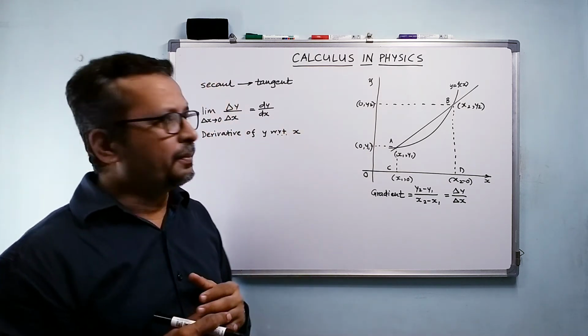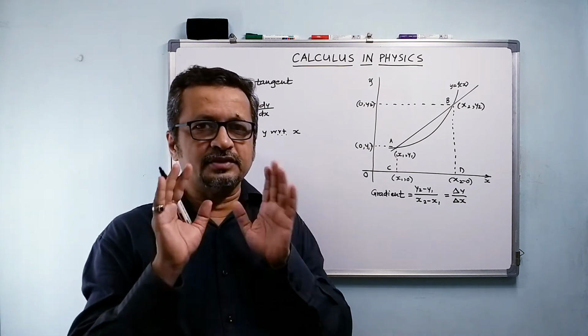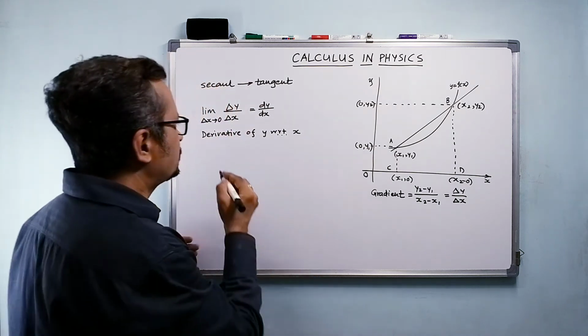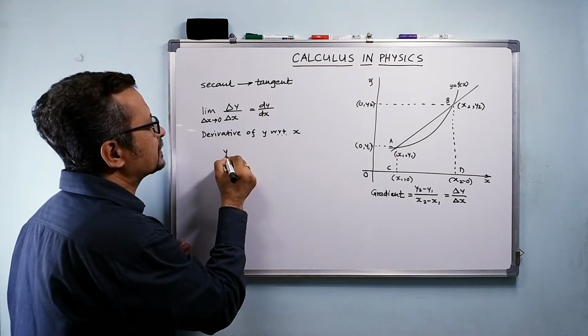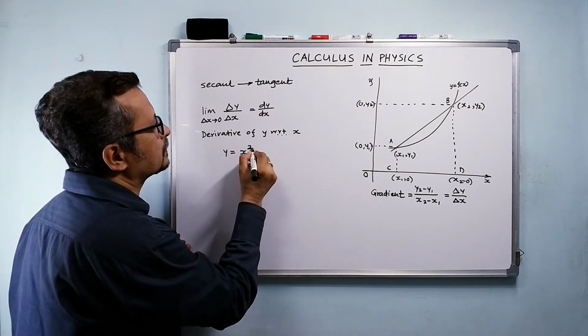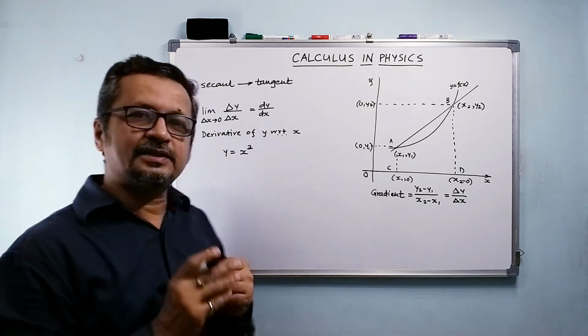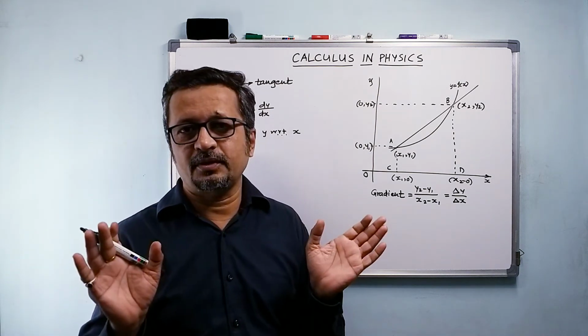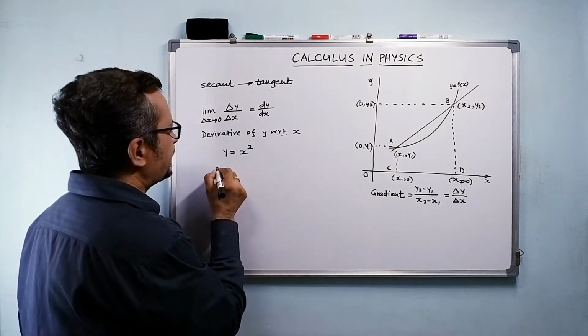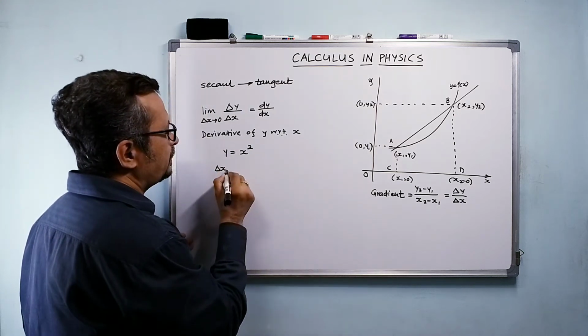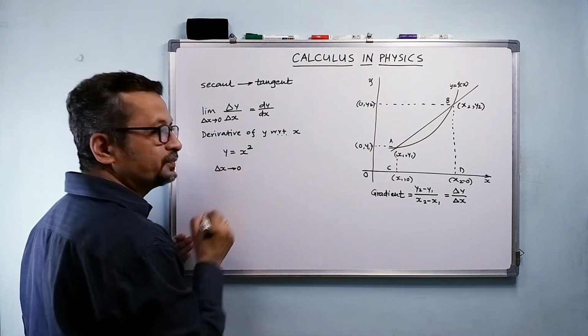Now suppose we have some exercise here. Suppose my y is equal to x square. Now let us take some increment in x, some increment delta x, which actually tends to 0.